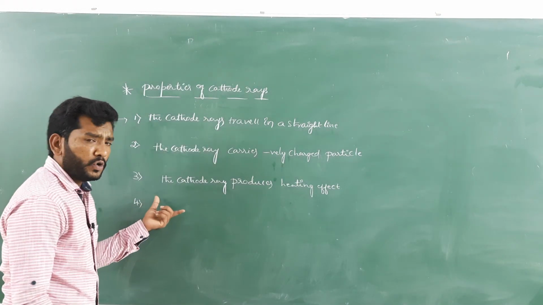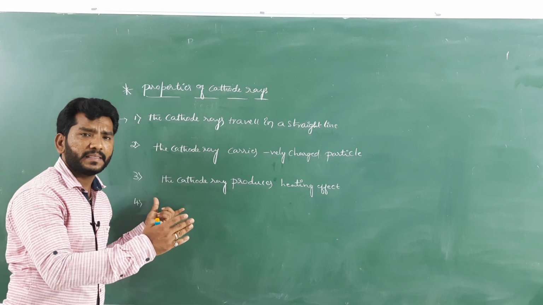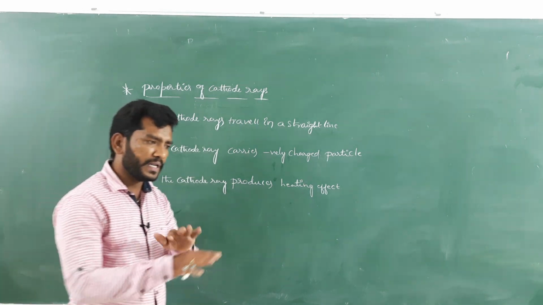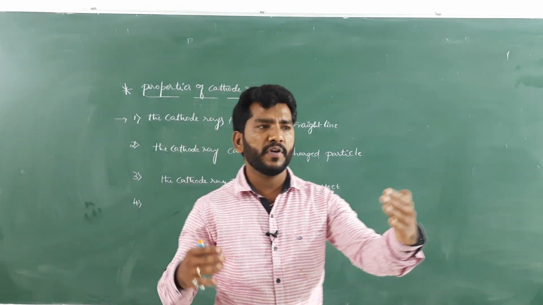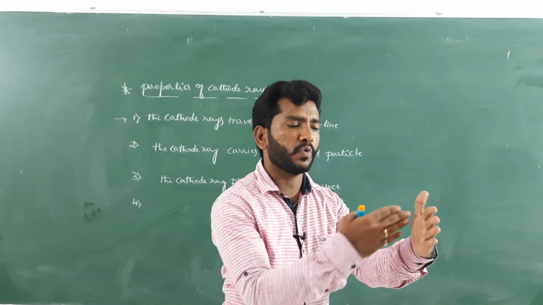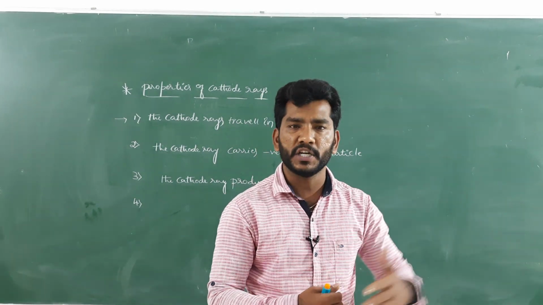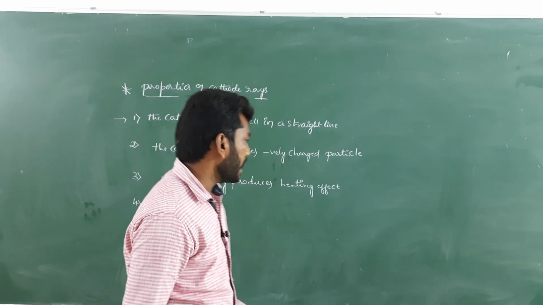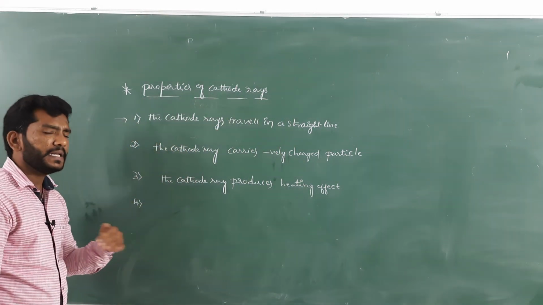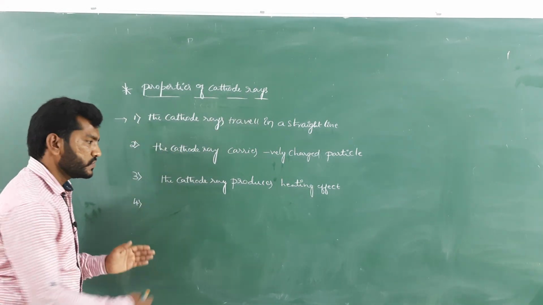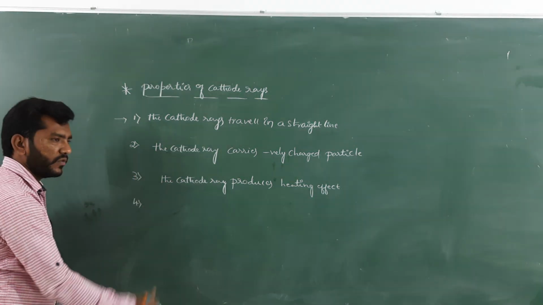This cathode ray can penetrate a thin sheet of material. Suppose we have a thin sheet of material and we make the cathode rays pass through it, they can penetrate that sheet.